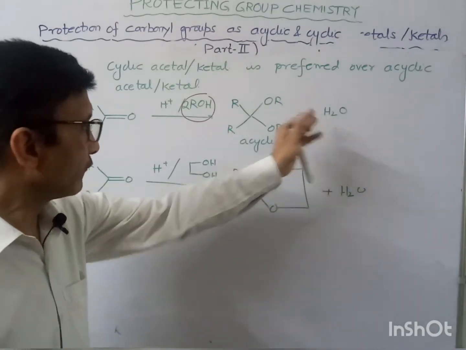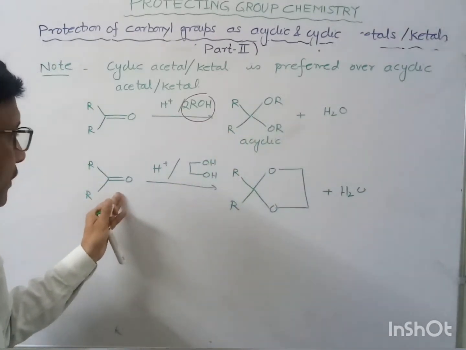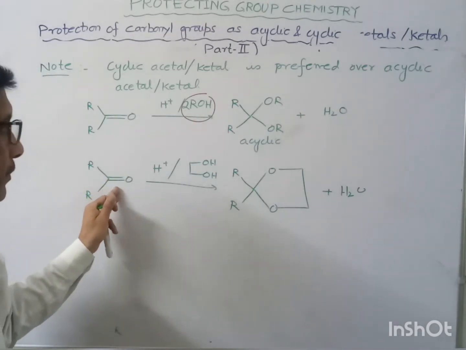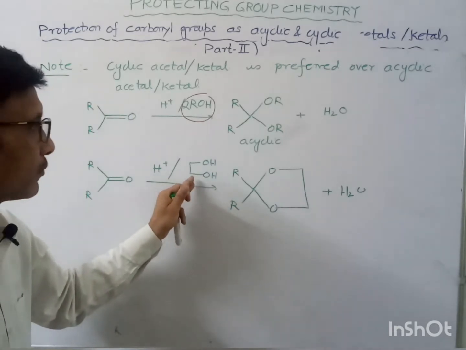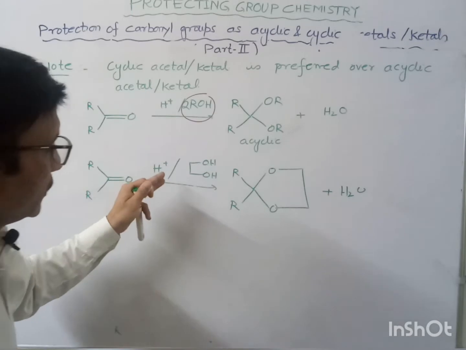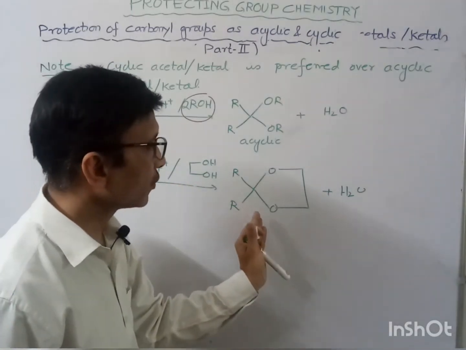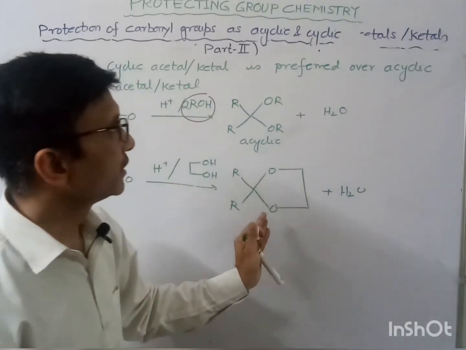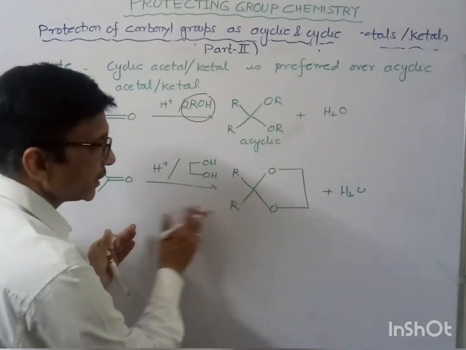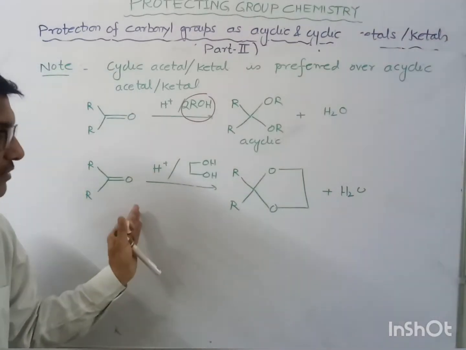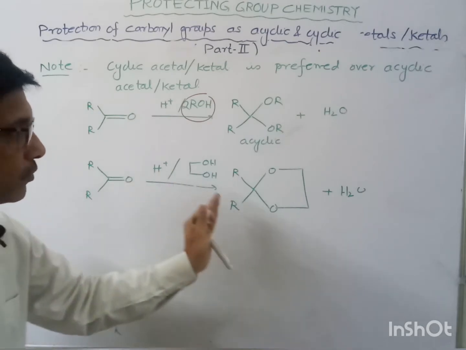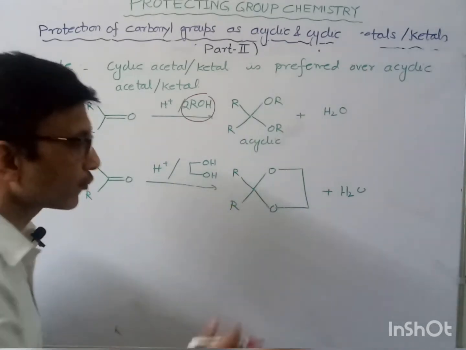Whereas here, 1 molecule of carbonyl compound and 1 molecule of 1,3 diol give 1 molecule of cyclic acetal or ketal and 1 molecule of water. So here we can see the entropy is neutral: 2 molecules are present in the reactants and 2 molecules in the products.